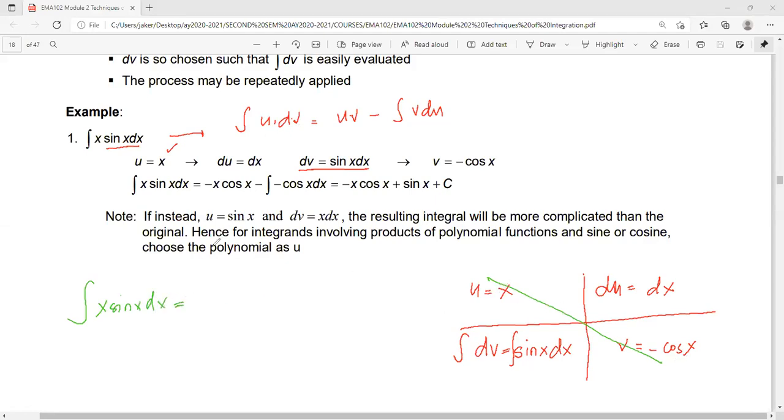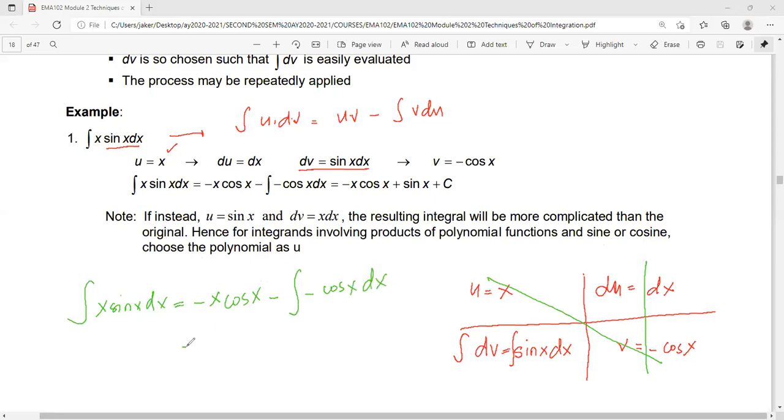I'll multiply these 2, so that would be negative x cosine of x minus the integral of the v du. So cross, and you have this v du. Go down, vertical. The v and the du should be multiplied. So negative cosine of x dx.